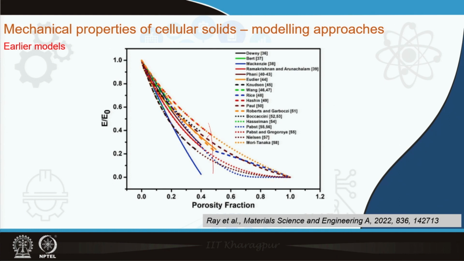That is why, although these initial empirical models are still being used and are useful in predicting the material properties, when we use these models, we need to practice caution and be careful about the limitations and disadvantages of these models.